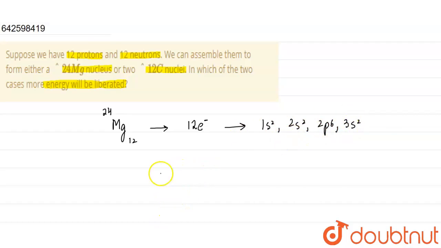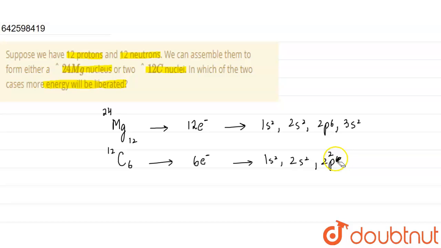Now let's talk about one carbon atom, that is C-12 with atomic number 6. Agreed? In this we have to add 6 electrons, so that becomes 1s2, 2s2, and then 2p2.